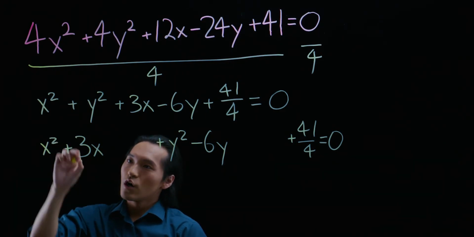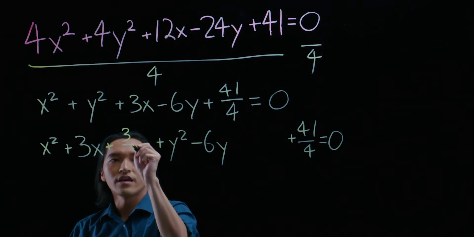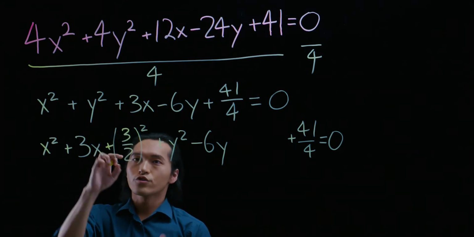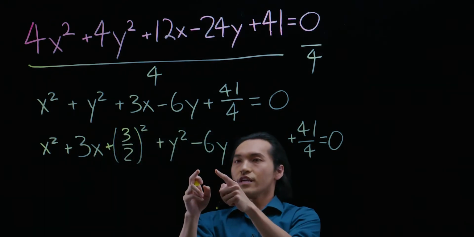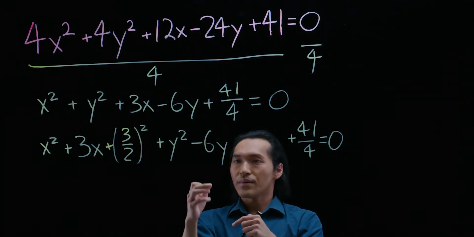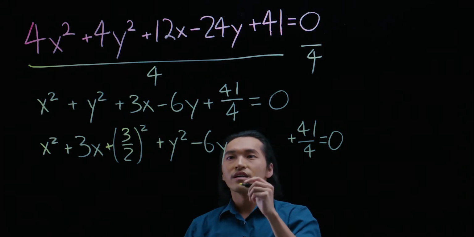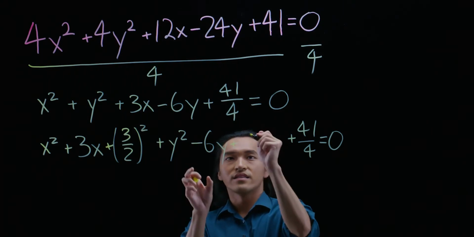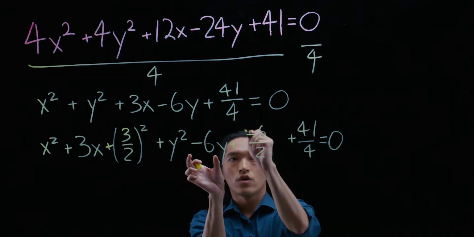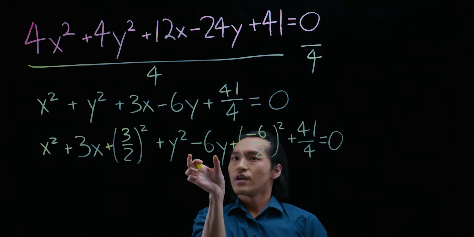So 3 over 2 squared ends up being this. Same goes for here: negative 6 divided by 2 becomes negative 3, and then we square that. We could just write it as negative 6 divided by 2, all of that squared.